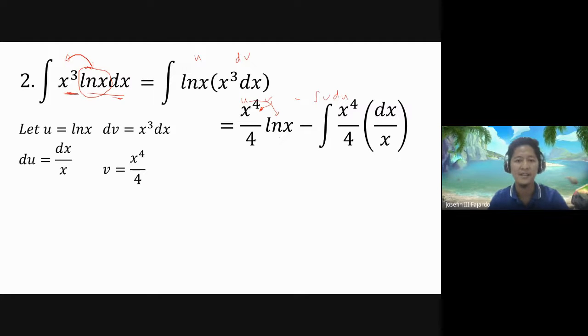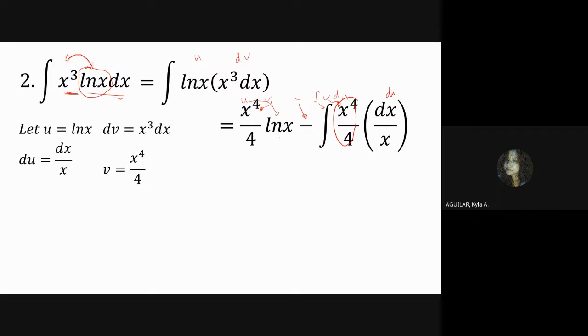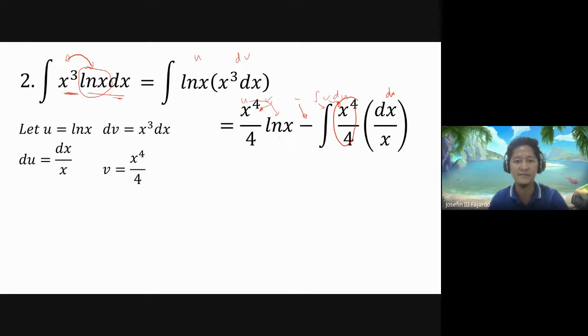Okay, and then I have here the minus sign. Don't forget the minus sign, and then the integral sign, of course. And this is my v again. Okay, ito yung v ko. And this is my du. Follow? Opo, sir.